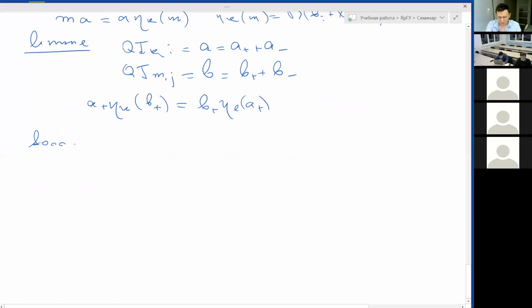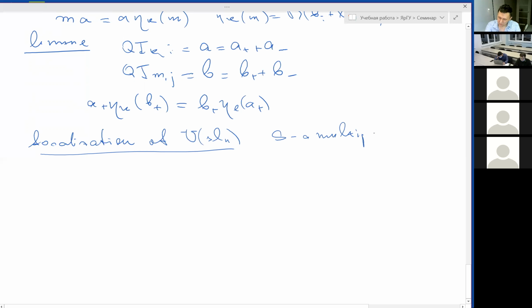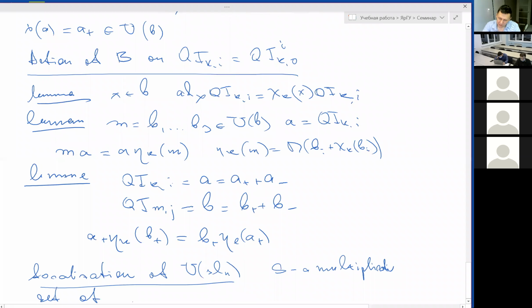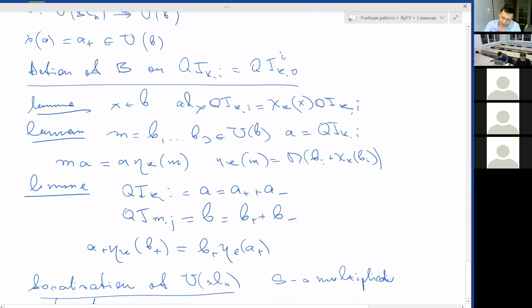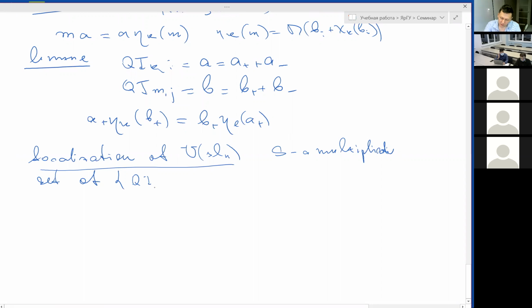Localization of U(SL_N) with respect to the multiplicative set of Q_i K_n minus K, of all the highest elements of my polynomials defining the quantum integrals.